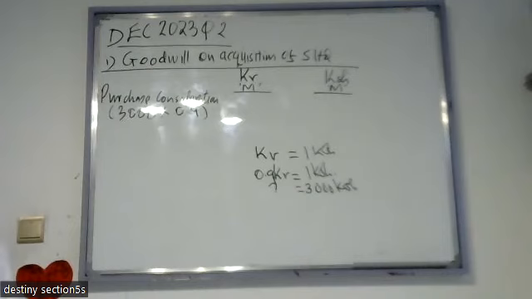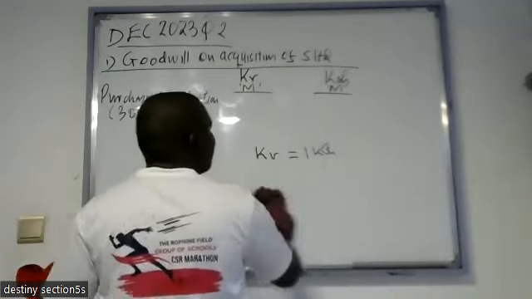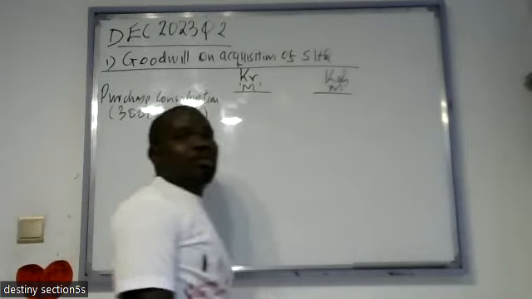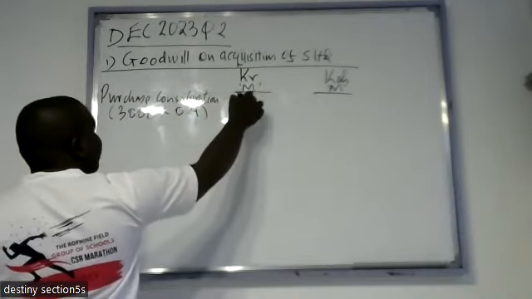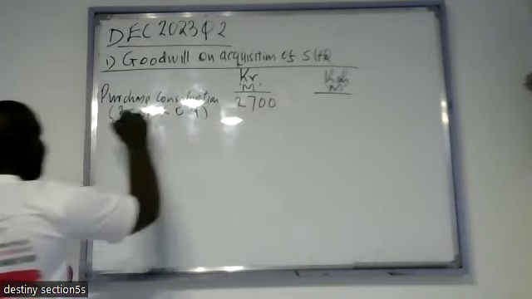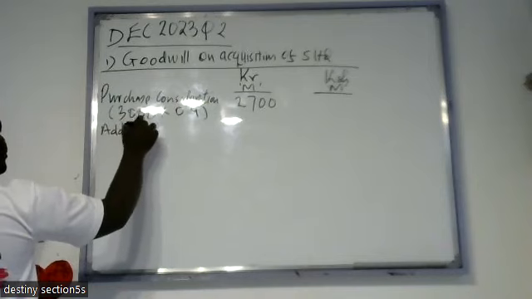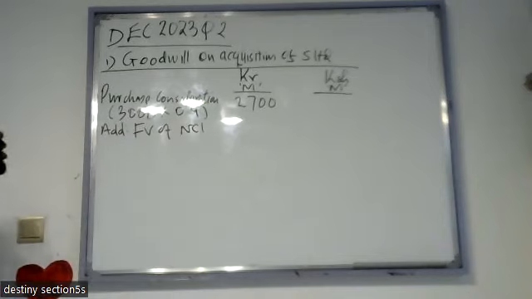So from there, sharp, we move on. What do you get? 2,700, get it? Then you add fair value of NCI.